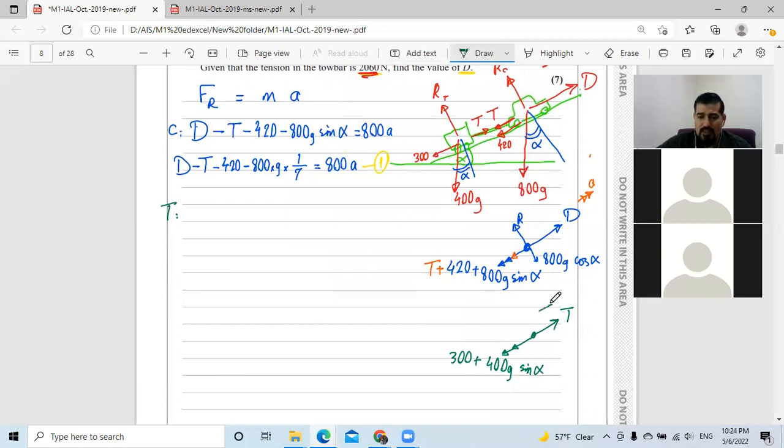And the tension, since the acceleration is going up the inclined plane, the resultant force will be T minus 300 minus 400 g sine alpha equals the mass, which is 400, multiplied by a. Now I will make both equations similar.